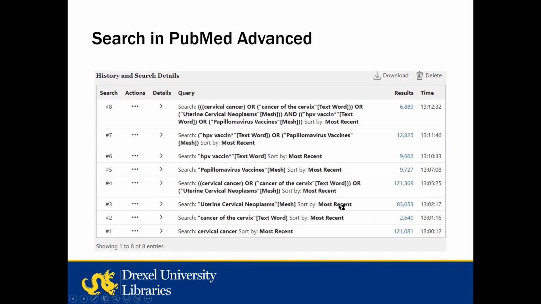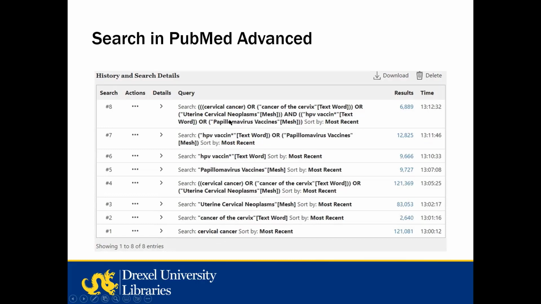I thought I would show you what this search looked like first before we went live, so I can tell you what I'm doing in advance. So I'm going to look for all of the terms I can find, both keyword and subject headings that are related to cervical cancer, which is this part of the search. And then I'm going to look for terms that are related to the HPV vaccine, which is this part of the search.